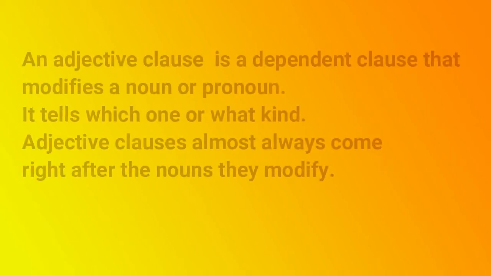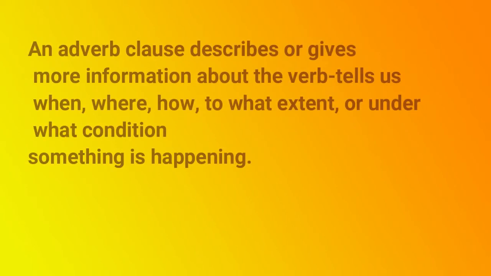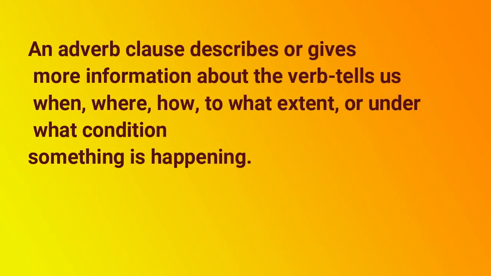You already know the definition of adjective: an adjective describes a noun. An adjective clause is a dependent clause that modifies a noun or a pronoun. It tells which one or what kind. An adjective clause always comes right after the noun it modifies. You also know the definition of adverb: it gives more information about the verb, how an action is done.